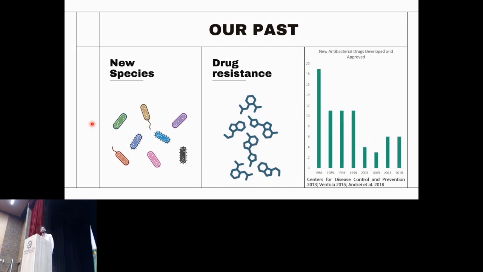The pharma is not developing antibiotics quick enough because it's not cheap, and they don't get the returns that they want. So we hit a peak in 1984, and we hit bottom in 2009. Now we are recovering, but we need to develop some tool that allow us to accelerate this process.